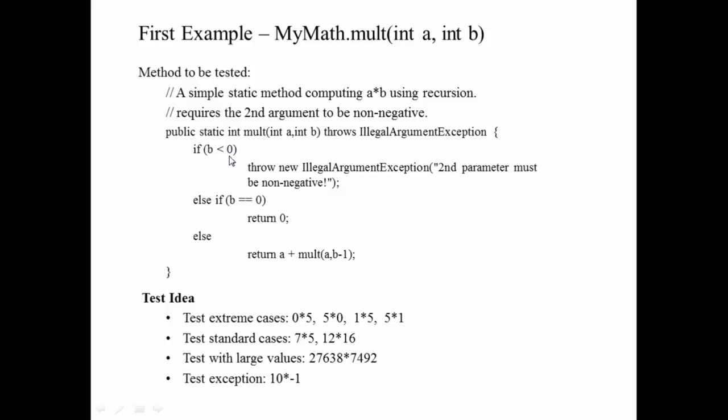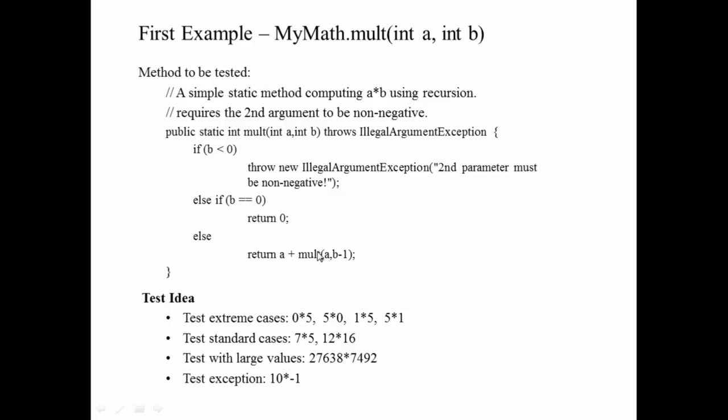To demonstrate it, it checks the second argument, and if the argument is less than 0, it throws an IllegalArgumentException. So this method requires that the second parameter must be non-negative.